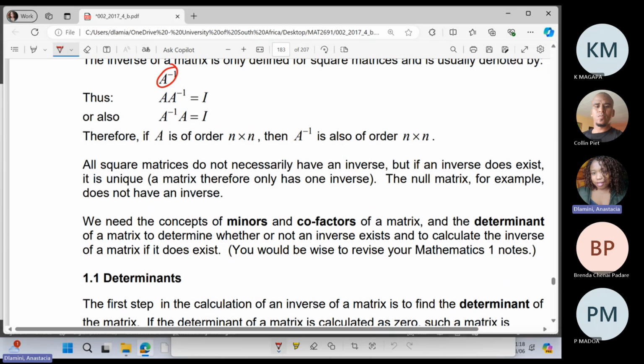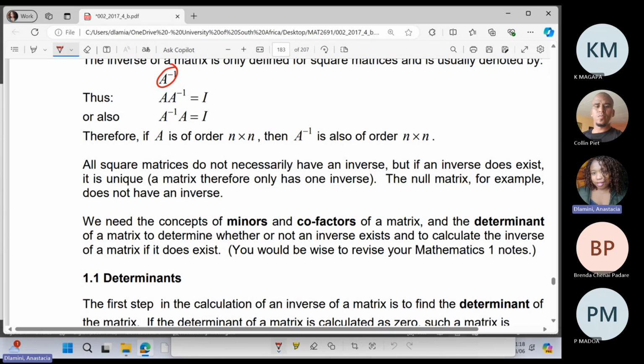If I give you a question to find the inverse, you need to know whether the inverse exists, because you'll waste your time trying to find it. But if an inverse does exist, it is unique. It is only one, not many. A matrix only has one inverse.